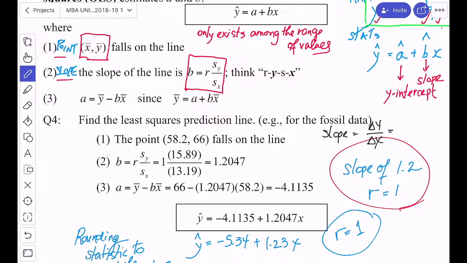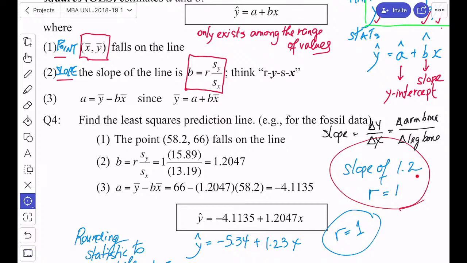In our case, y was the arm bone and x was the leg bone. So it says that for every extra unit of the leg bone, the arm bone is 1.2.